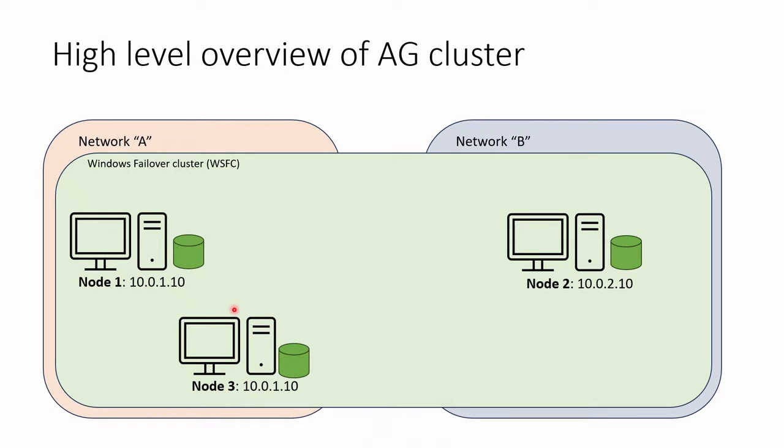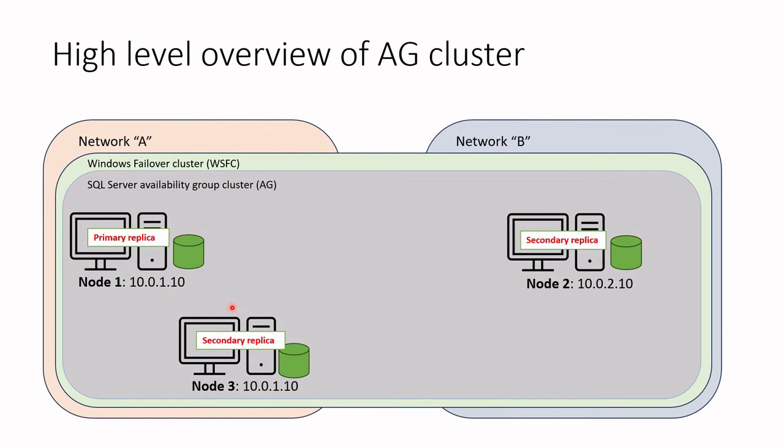Finally, we create the SQL Server AG cluster on top of the Windows failover cluster by declaring our current node as primary and the other 2 nodes as secondary. You can declare any node as primary and any node as secondary, by the way. After creating the AG, the primary replica sends transaction log records of each database to every secondary replica and synchronization begins.